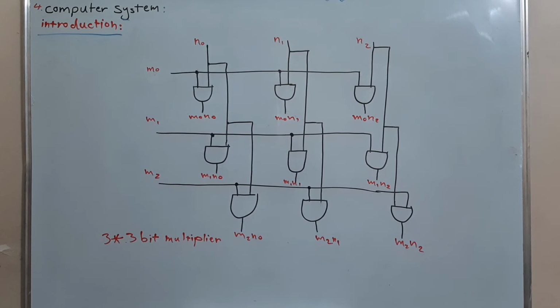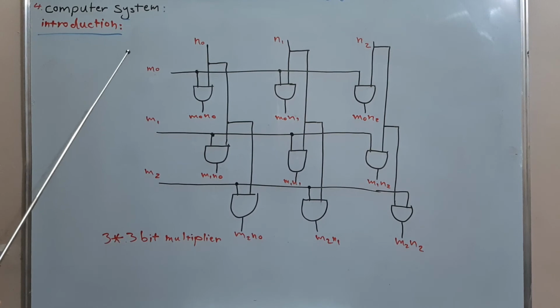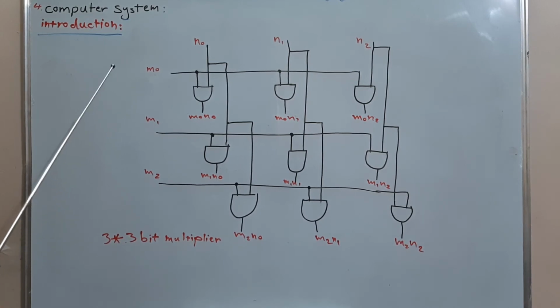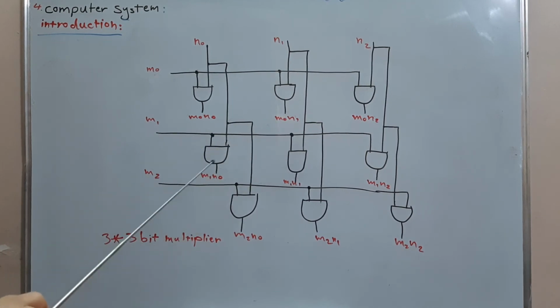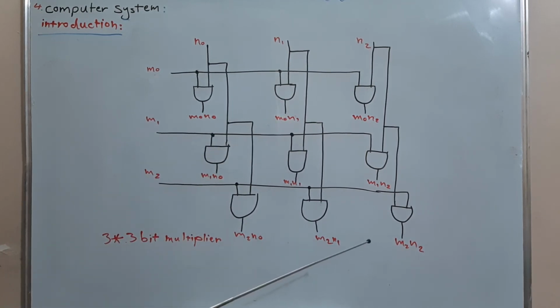It's basically composed of nine AND gates bound to each other in the manner shown in this diagram. And this circuit is because each bit from the first number will be multiplied alone by the whole second number, and the results will be added to each other by the use of the adder circuit.